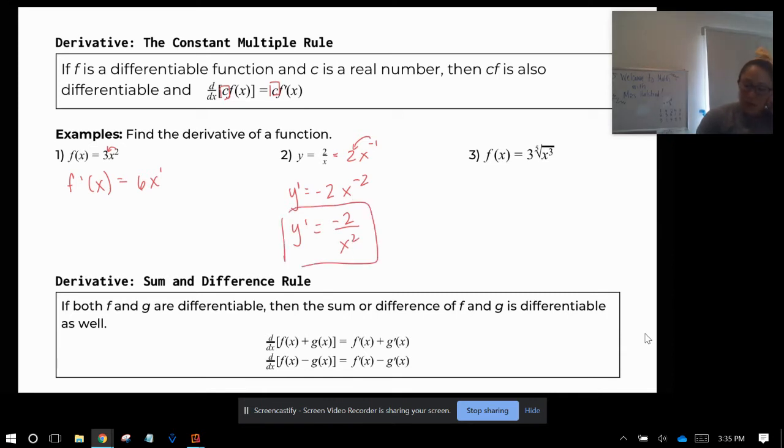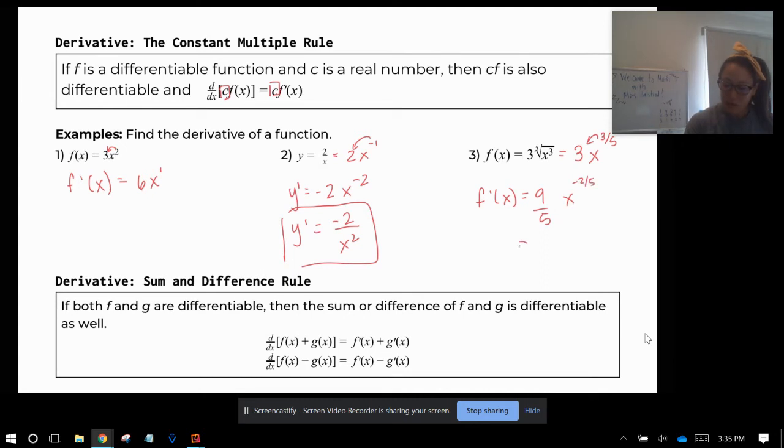Last one, let's write with a fractional root or a rational root. So 3 times x to the 3/5. We're going to go ahead and apply the power rule. So multiply 3 by 3/5, giving us 9/5 times x. We're going to subtract 1 from 3/5, giving us negative 2/5.